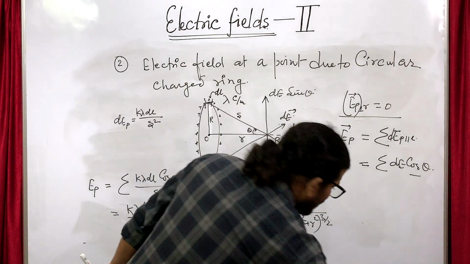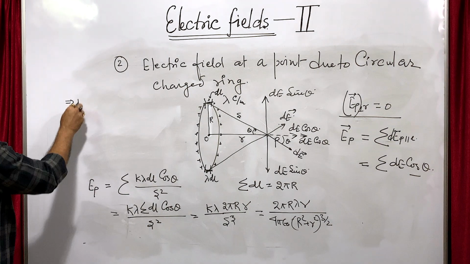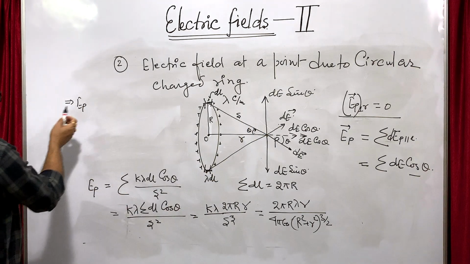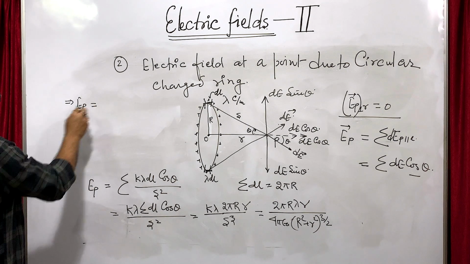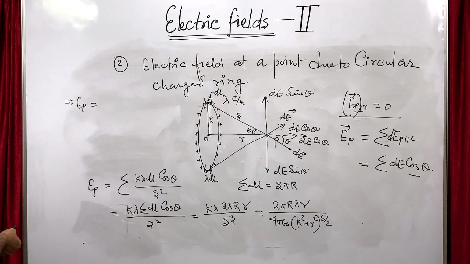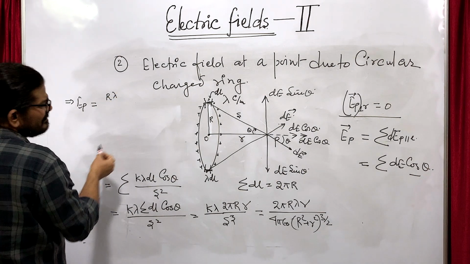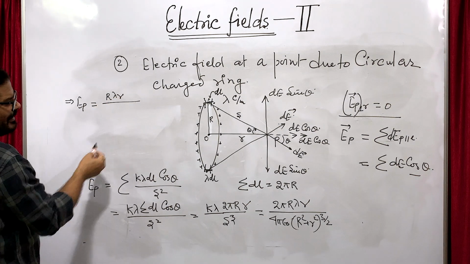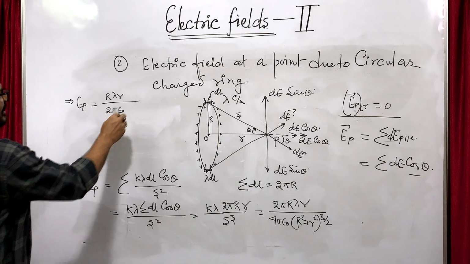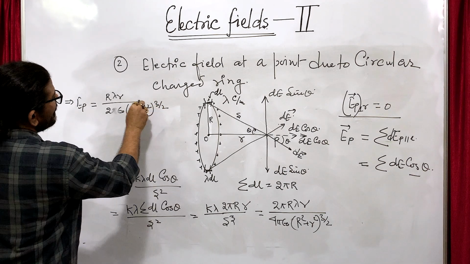So therefore, the electric field at point P, which is directed along the axis, is equal to: 2 pi gets cancelled, it is coming equal to lambda into R divided by 2 epsilon naught into R square plus r square to the power 3 by 2.